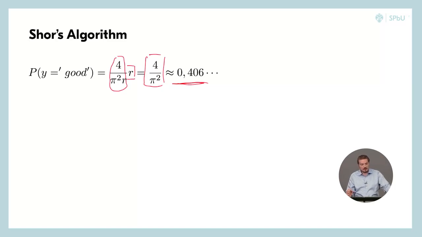So we see that with reasonably good probability, after the QFT, we measure some y's that we call good. And now it's time to explain why we call them good, and why do we care about measuring these particular vectors?